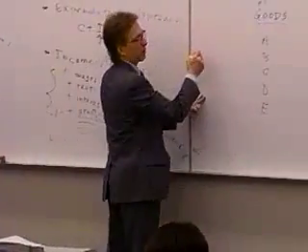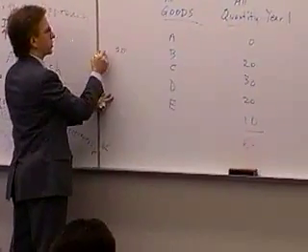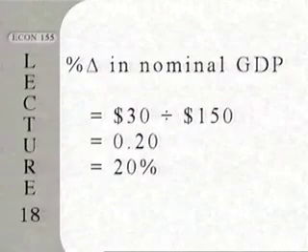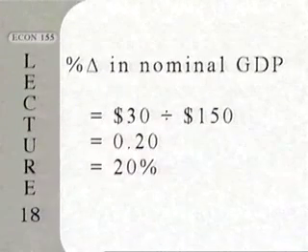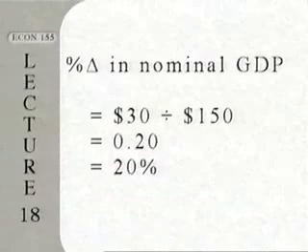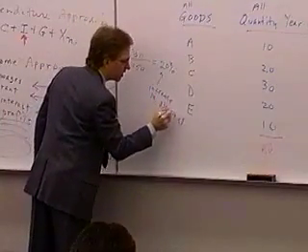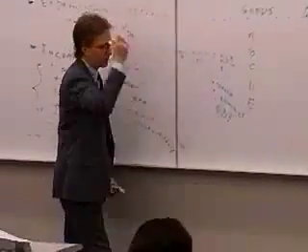Well, 30 is the increase, the percentage change. 30 is the gain divided by 150, where it started off, so this is equal to a 20% increase. This is a 20% increase in nominal GDP.